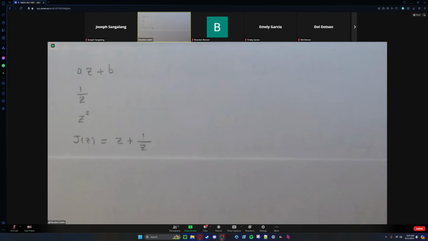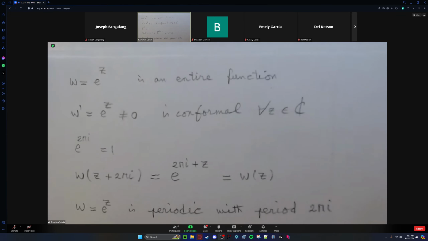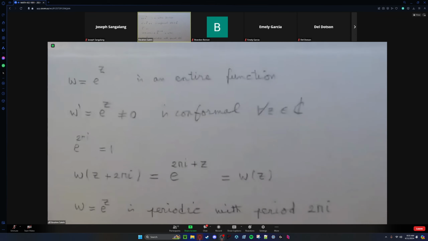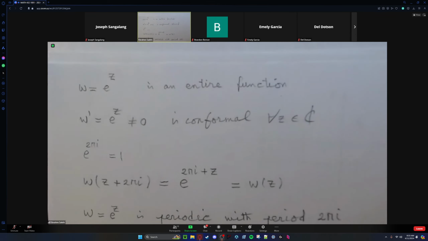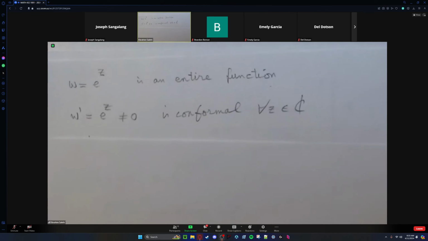Now, today, I want to talk about first the function e to the z, the exponential function. Well, it's a very well behaved function because to begin with, look, the derivative is itself, and e to the z can never be zero.